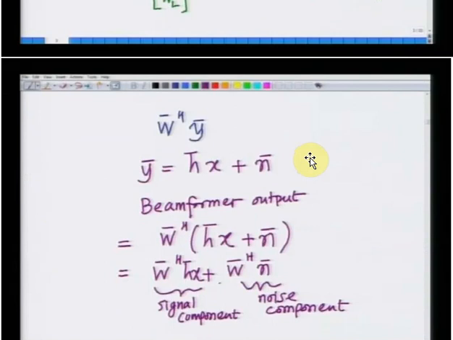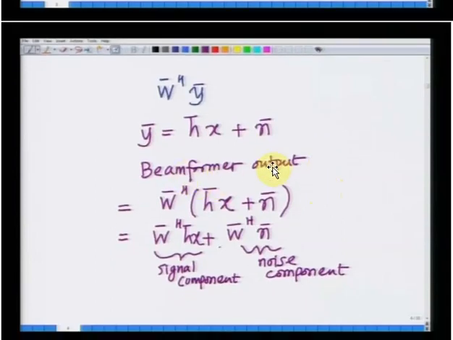We need to analyze the received signal to noise ratio with the help of the vector model y bar is equal to h bar x plus n bar. The beamformer output can be given by W bar Hermitian into h bar x plus n bar.